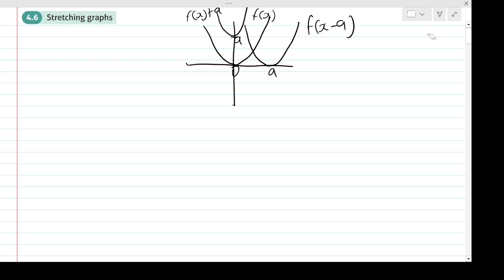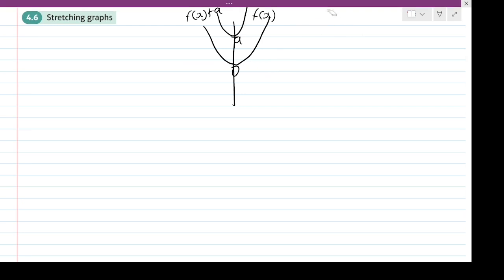Whereas if you have something outside the function, so if you add a, that's outside the function, okay? So that'll affect the y value, and you do what you expect if you're outside the function. So you'd think we would add a to our y values, and that's exactly what we do, and that allows us to shift the curve upwards. We're going to be using that philosophy again within this section. Anyway, so that's a brief recap.